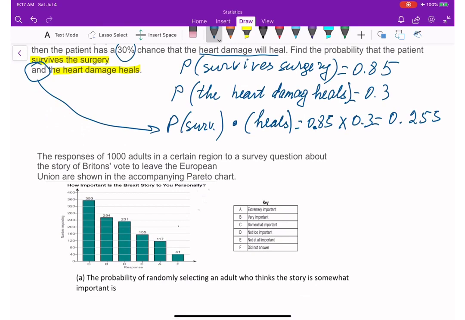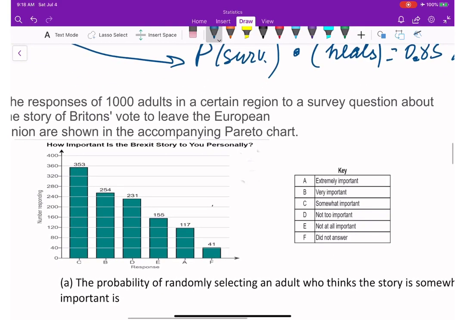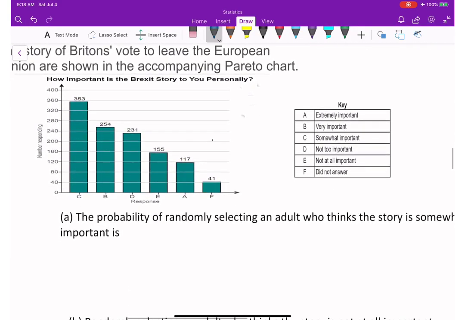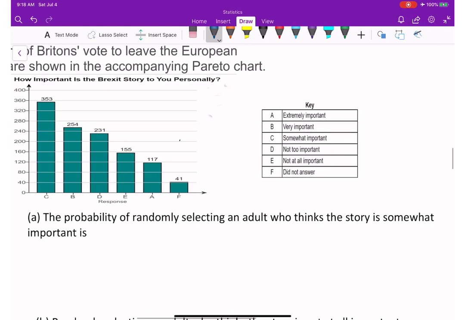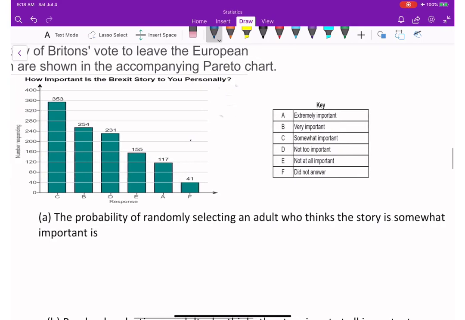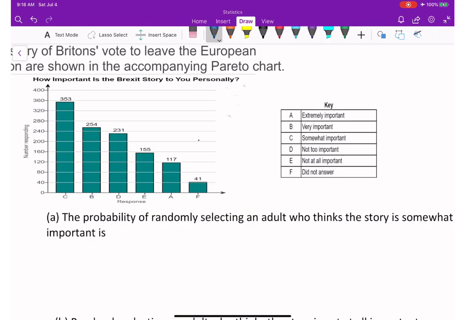The responses of 1,000 adults in a certain region to a survey question about the story of Britain's vote to leave the European Union are shown in the accompanying Pareto chart. There we go, Pareto chart. Find the probability of randomly selecting an adult who thinks the story is somewhat important.